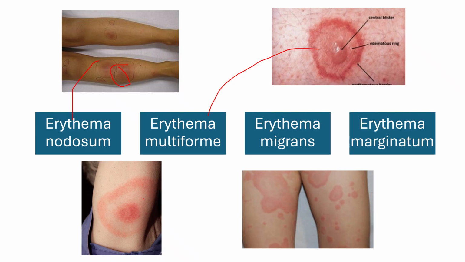That is the difference from erythema multiforme. Erythema multiforme is usually completely erythematous with a central blistering or necrosis. In erythema migrans, there is a central erythematous zone, a peripheral slightly erythematous zone, and the in between area will be cleared. Erythema marginatum, just like we discussed, is seen with rheumatic fever.